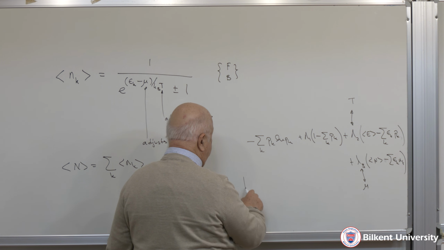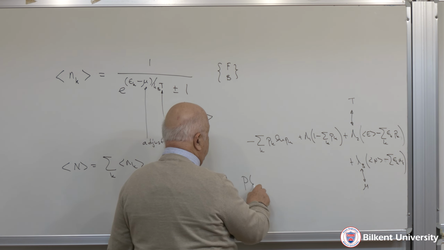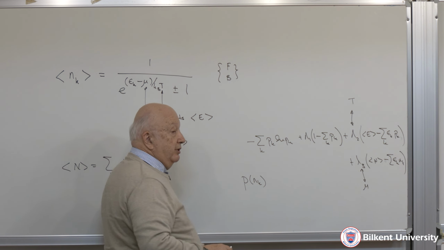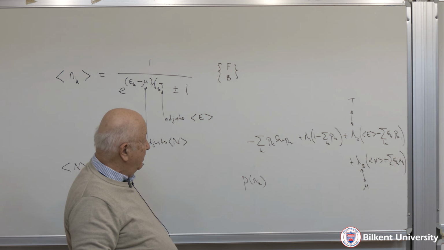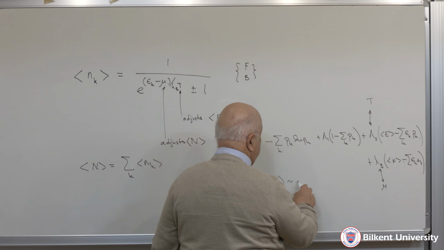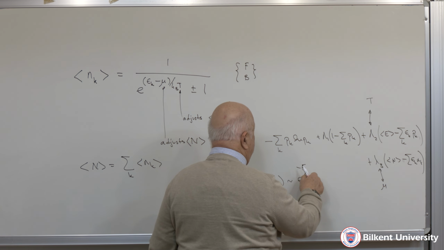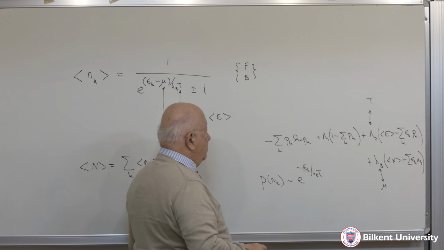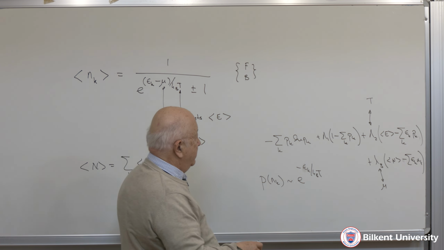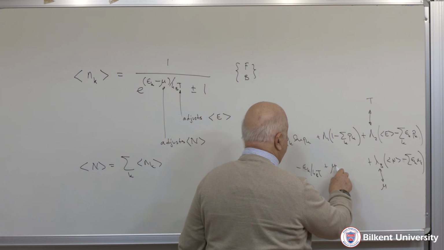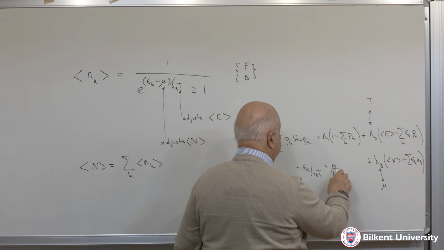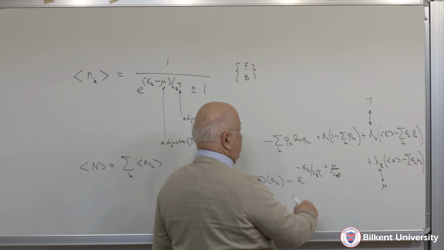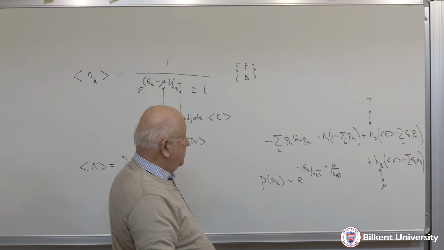So the probability of having nk particles in a certain energy level was proportional to e to the minus the energy of that state, epsilon k over kBT, and then I also had this plus mu over kBT, multiplying this for each particle.